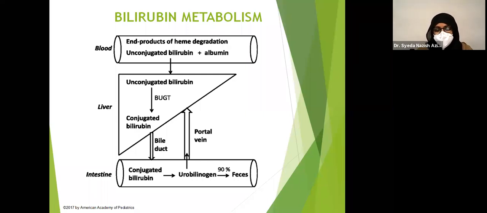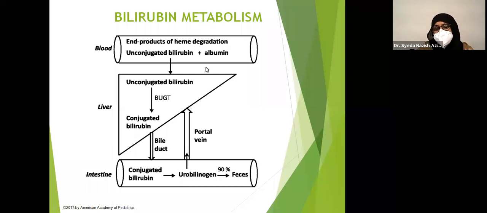So I'm sure you all must be aware that the bilirubin actually comes from heme degradation. So whenever the RBCs are degraded and heme is released, that hemoglobin is further degraded into bilirubin, which is then changed into the unconjugated bilirubin fraction. This conversion takes place in the reticuloendothelial system, which involves the spleen, bone marrow, lymph nodes, and liver.